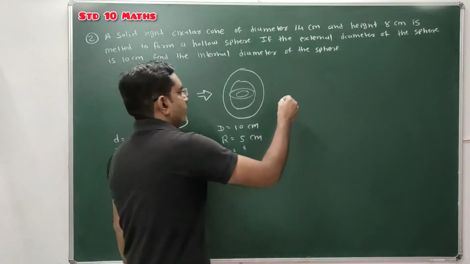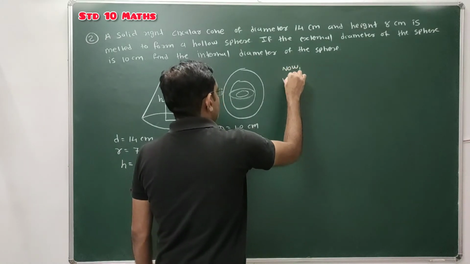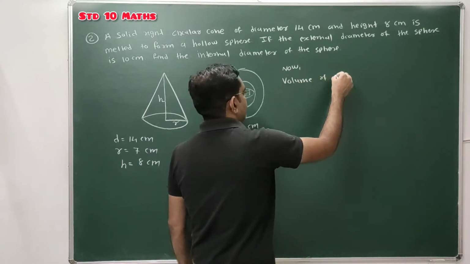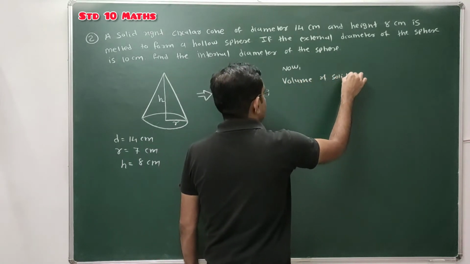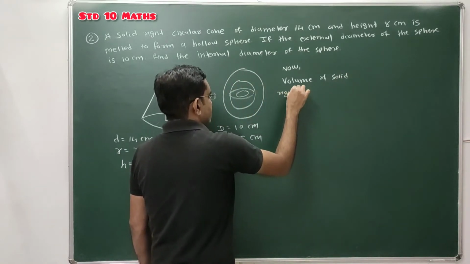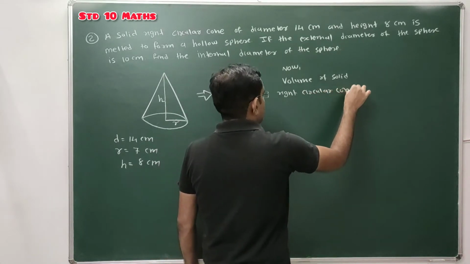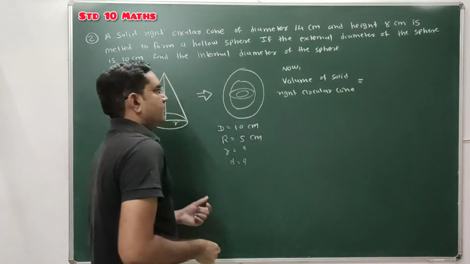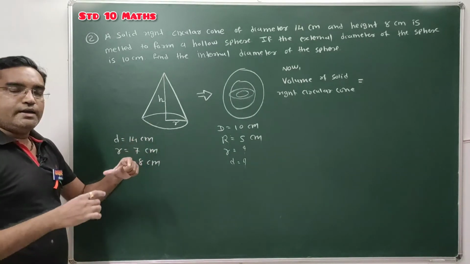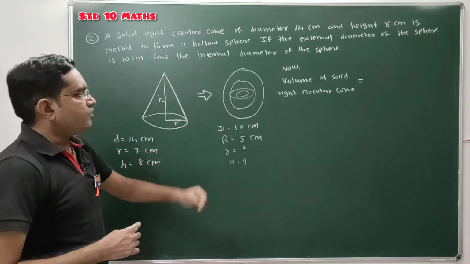So volume of solid cone, what we can write? We can write volume of solid right circular cone is equal to, right circular cone is there, now it is melted and entire material is now shaped into the hollow sphere.